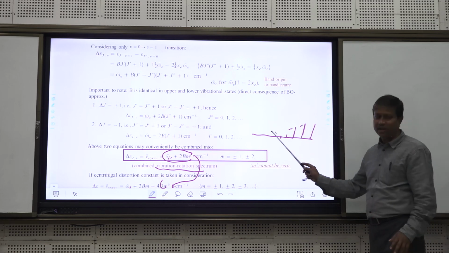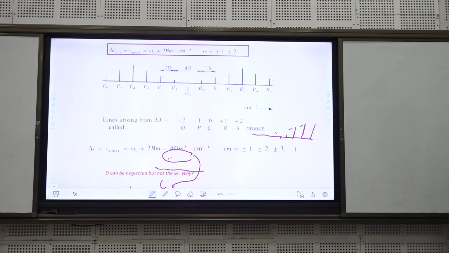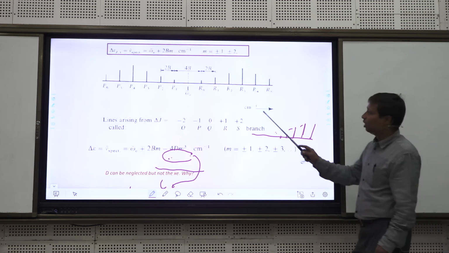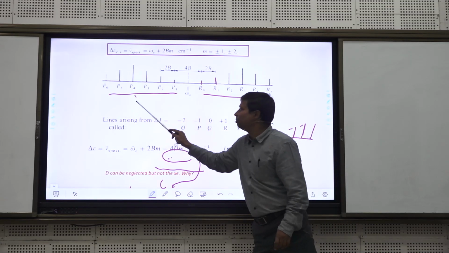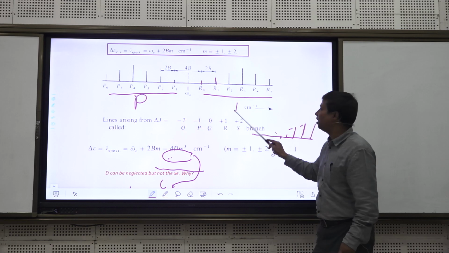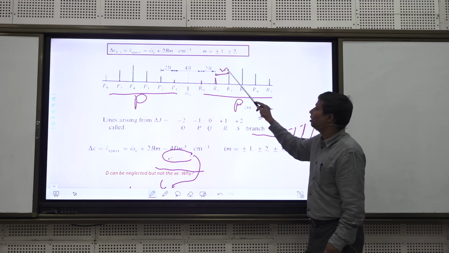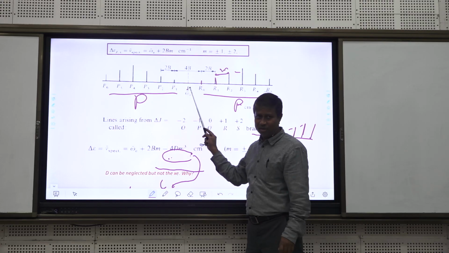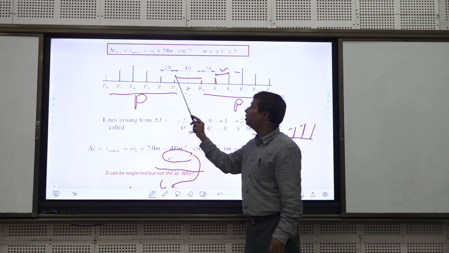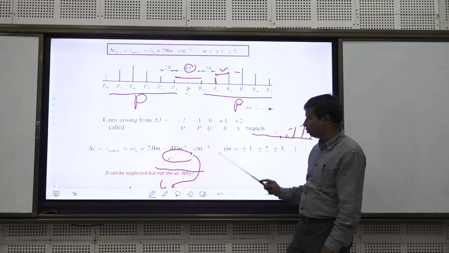On that side also minus, minus, minus, 2B, 2B, 2B. So what we are getting now is this one the R branch, this is the P branch. Every line is equally spaced, 2B, 2B, 2B, 2B. The center is not the same because m cannot be 0, so between these it is 4B. And this I have already told you. Okay.